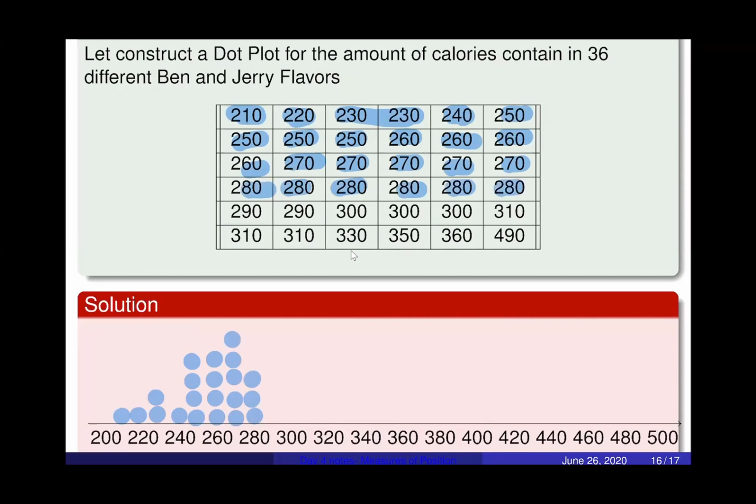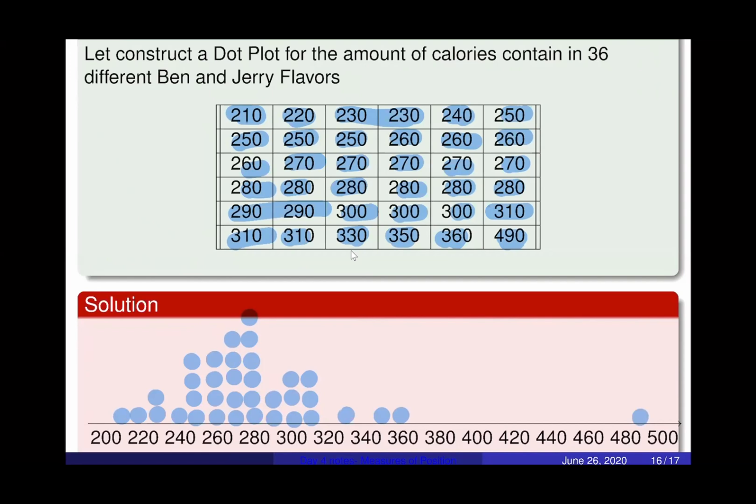Then 290, you only have 2, so 1, 2. 300, you have 3. And 310, you have 3. 330, you only have 1. 350, you only have 1. 360, you only have 1. And 490, you only have 1.